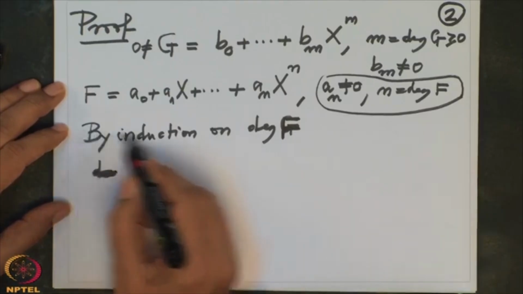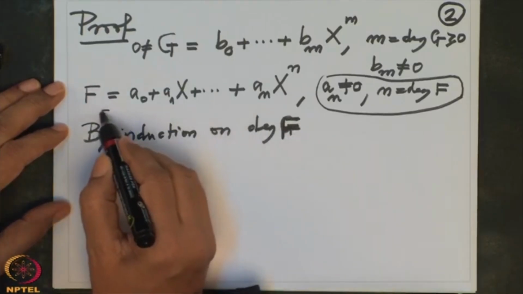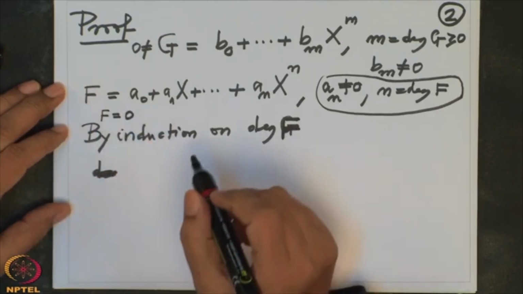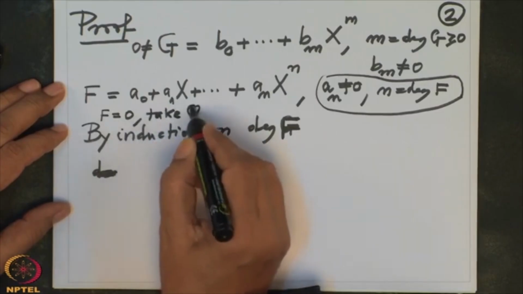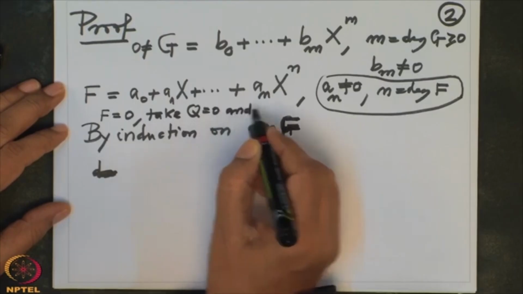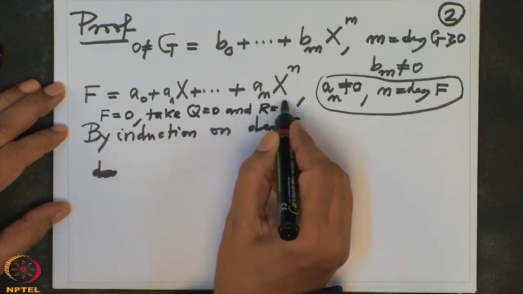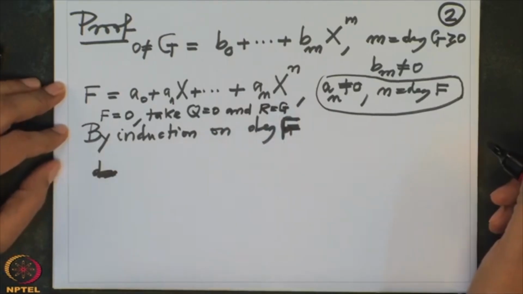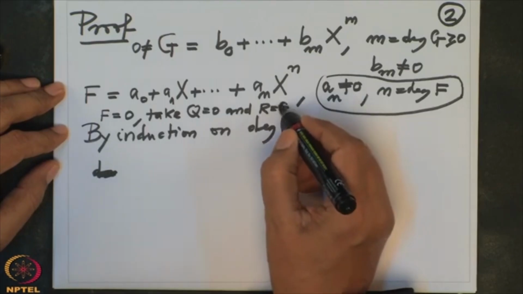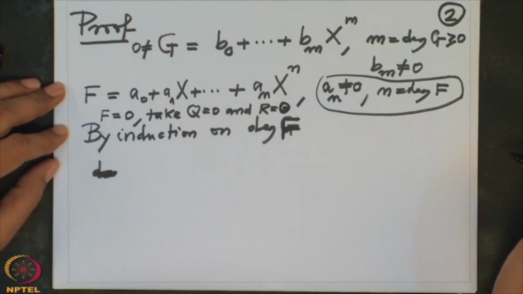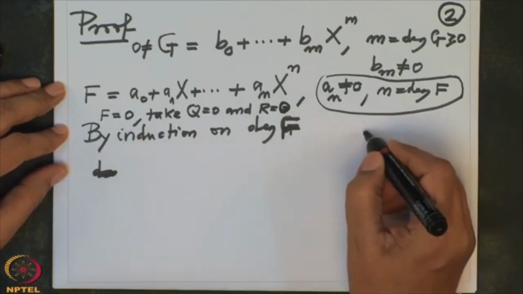So before I should have started with this: if f is 0, then there is nothing to prove, because you take Q equal to 0 and R equal to 0.